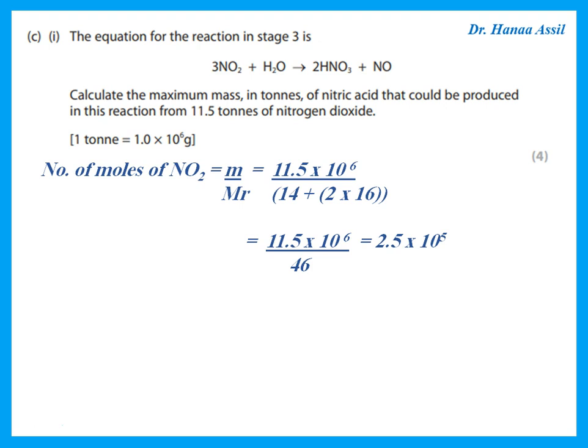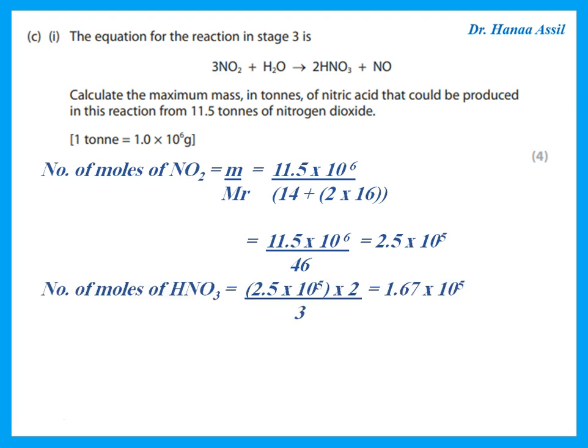Now I look at the equation and I relate the number of moles from the equation. From the equation, 3 moles of NO2 gives 2 moles of nitric acid. So the number of moles that I have will give how much? So the number of moles times 2 over 3 gives me the number of moles of nitric acid. And then what is he asking for?